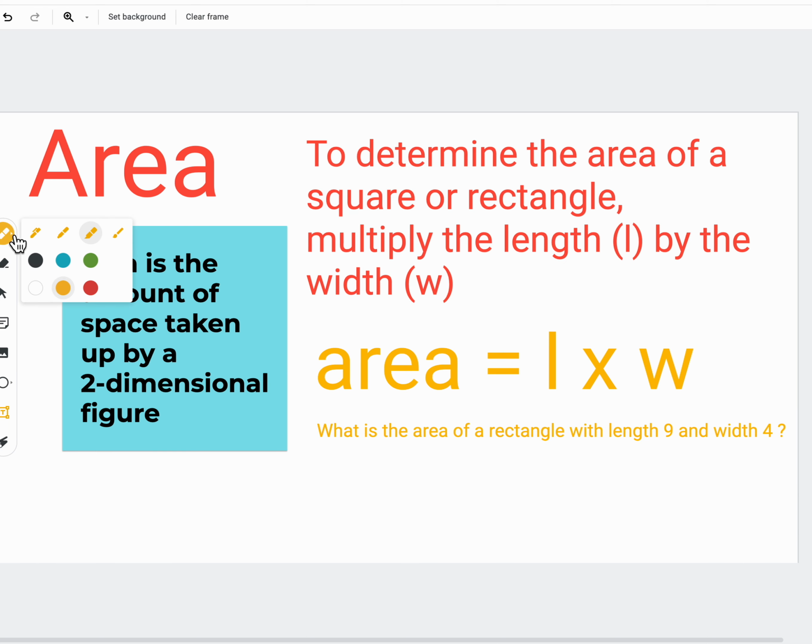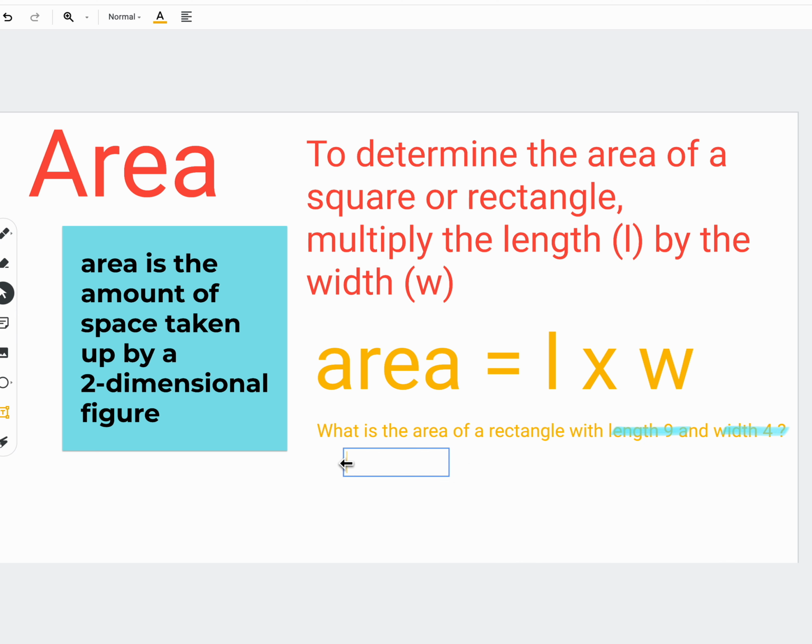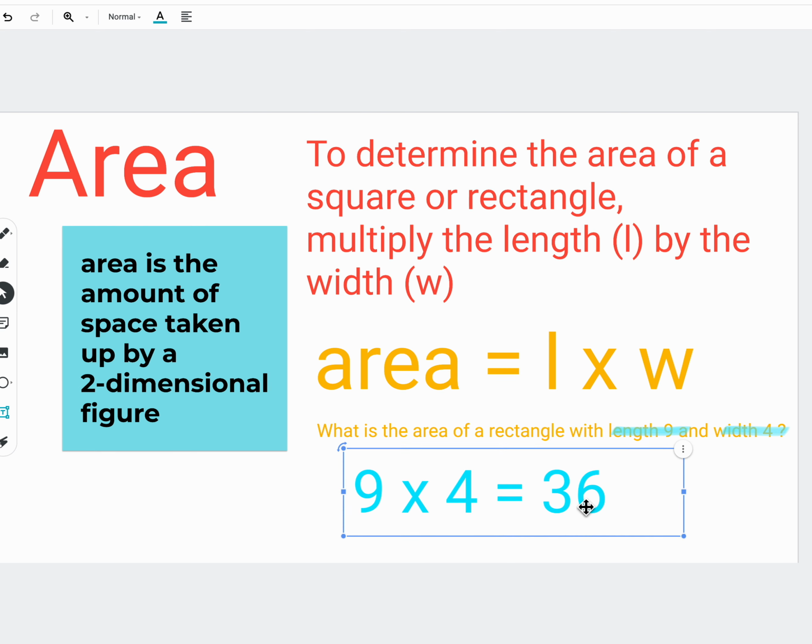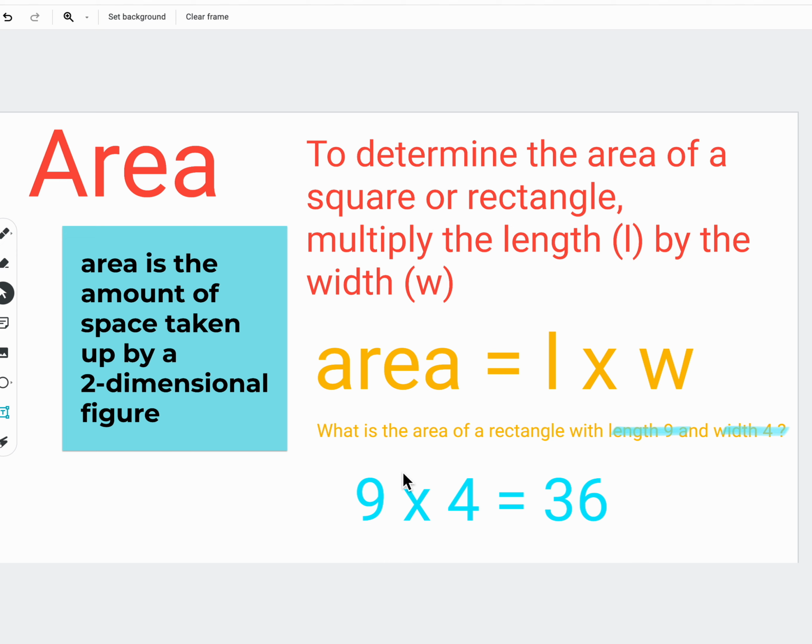So let's multiply 9 times 4. Nine times 4 is 36. Our area is 36. A equals L times W.